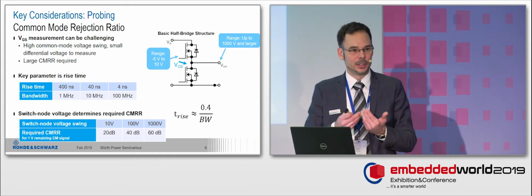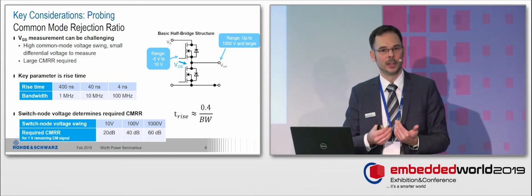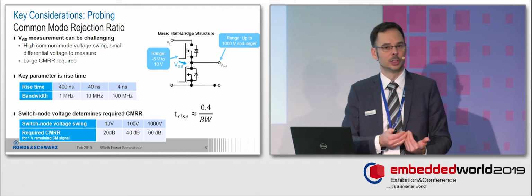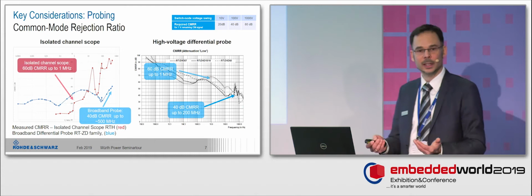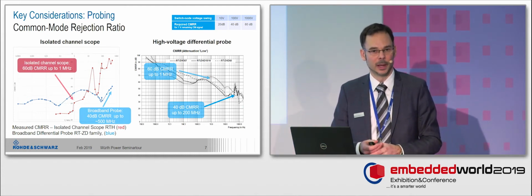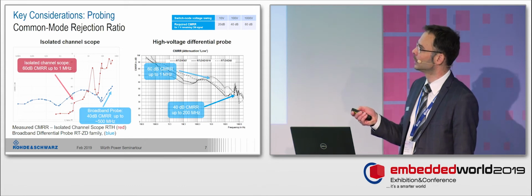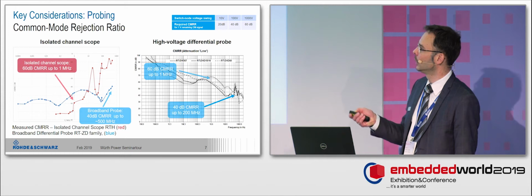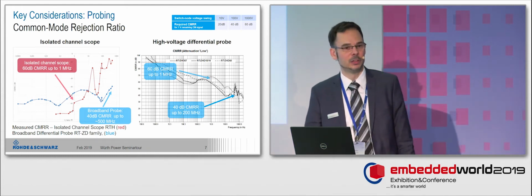Those two parameters you can now take and look into the datasheet of the probe and think about whether the probing solution is sufficient or not. This is what you find in datasheets and also when you do measurements. On the left-hand side is an isolated channel scope, the red curve. You can see that for low frequencies, below 1 megahertz, common mode rejection ratio is very good.